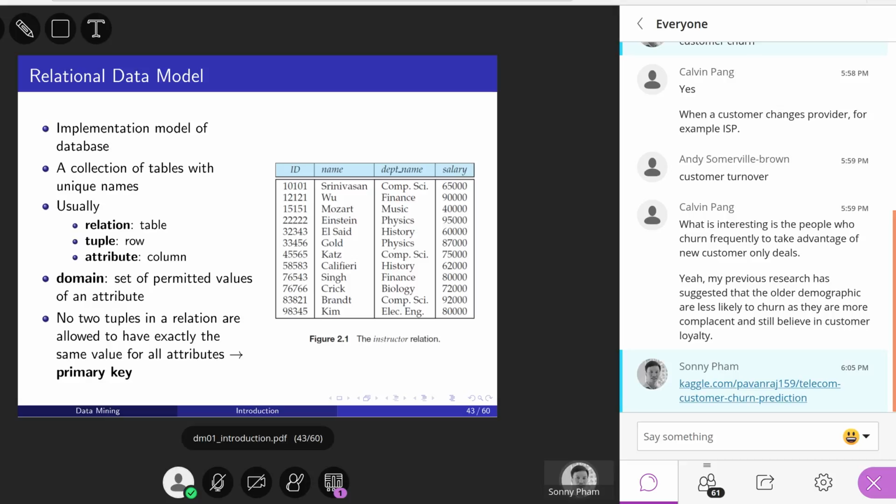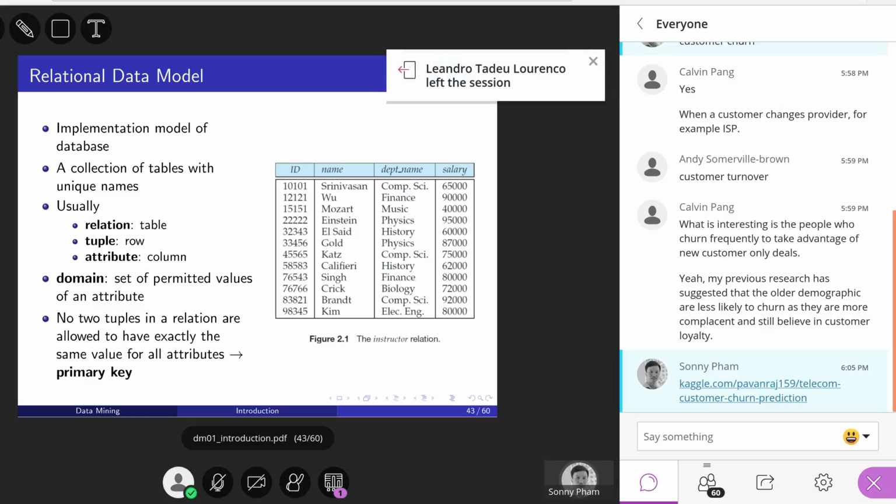For example, if you are a data scientist and you work for Netflix, which is a movie streaming service, Netflix may have a database of customers, and they know each customer, their background, and most importantly, how often they stream movies.